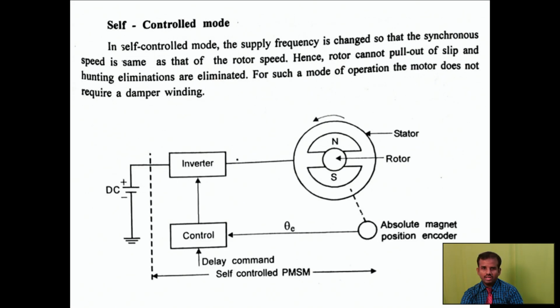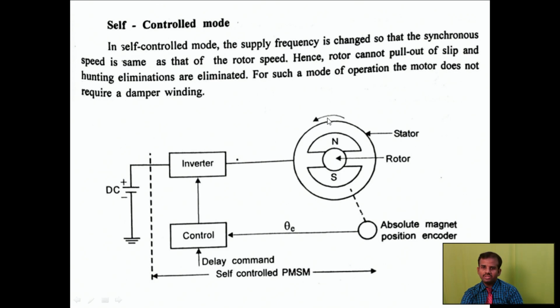So the next one is the self control mode. In this self control mode, it is also called a closed loop mode. It is a closed loop control. Here we do not use any damper winding, because it does not have a hunting oscillation. It is eliminated automatically, so it does not require a damper winding in this self control mode.